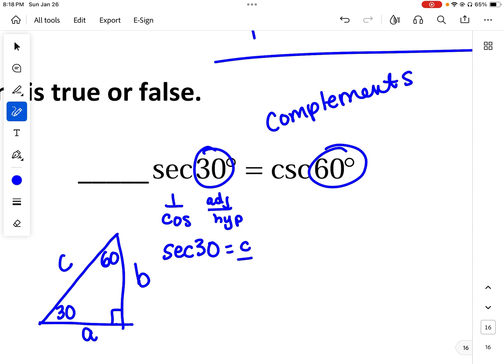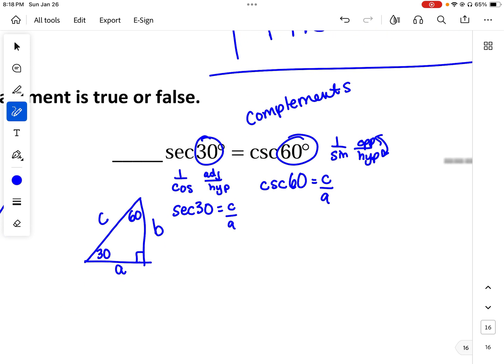So that's going to be like C over A. So then cosecant is 1 over sine, and sine is opposite over hypotenuse. So I'm going to do hypotenuse over opposite. So sine of 60, we do hypotenuse first. So that'd be C over opposite, which would be A. They are the same. These guys are the same if we look at it.